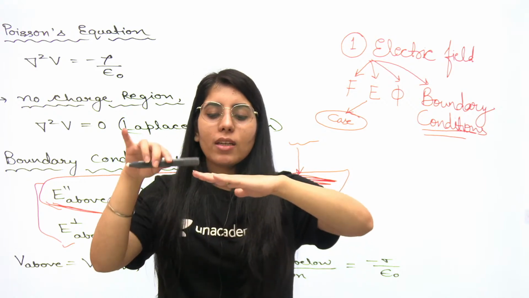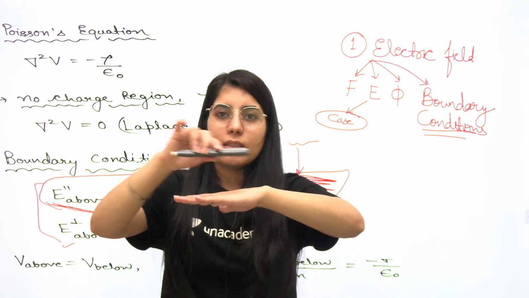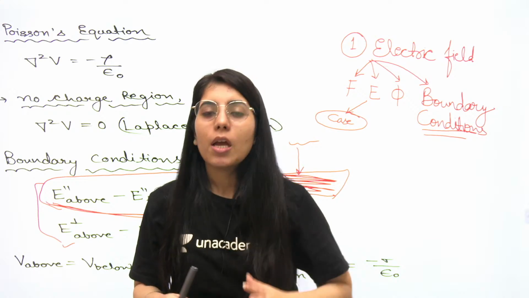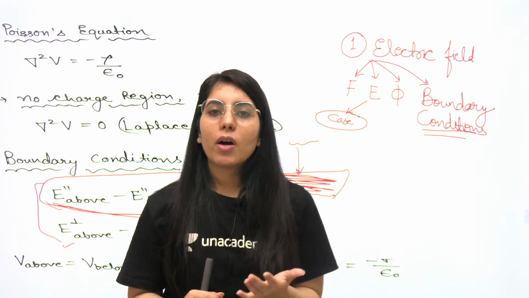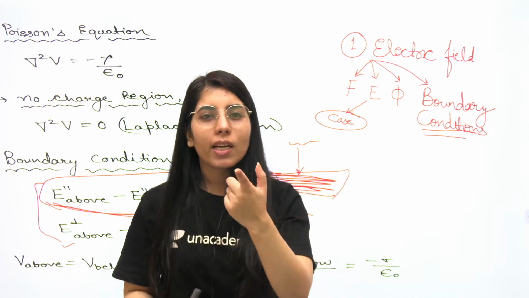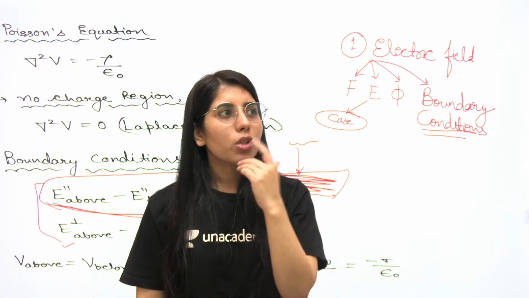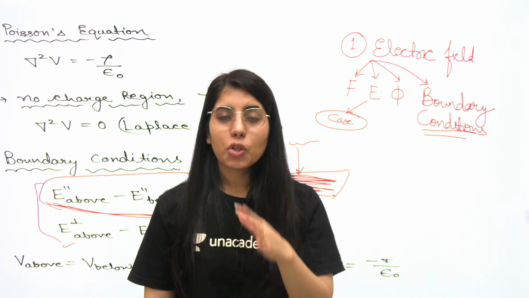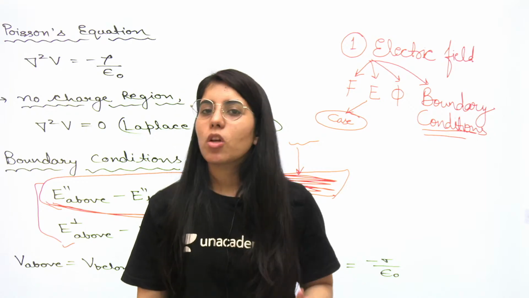So which one will be continuous? This one. There is no such barrier. This is just to memorize, because normally when we prepare the boundary conditions, there are chances of making mistakes, or we get confused about which one was continuous and which one was discontinuous. So if you memorize it this way, you will not make a mistake.